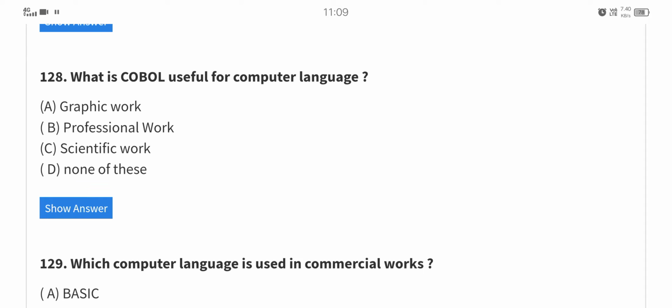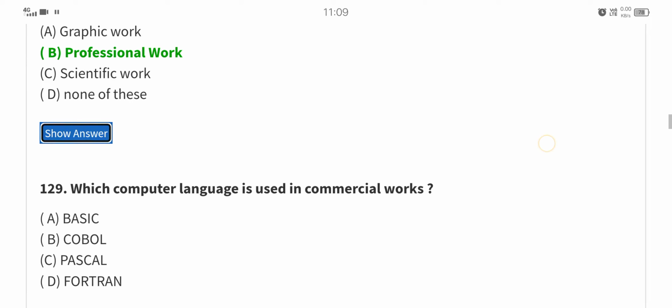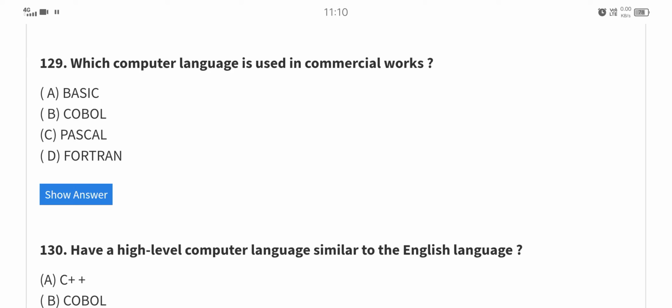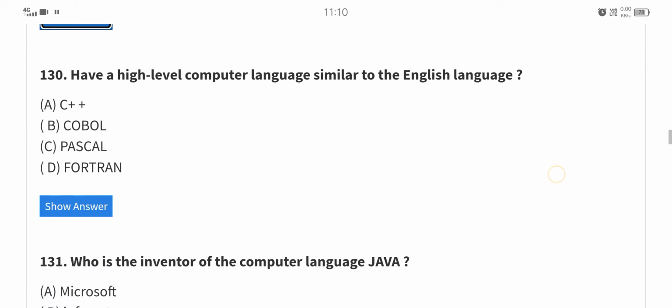What is COBOL useful for? Professional work. Which computer language is used in commercial work? COBOL. Which high level computer language is similar to the English language? COBOL.